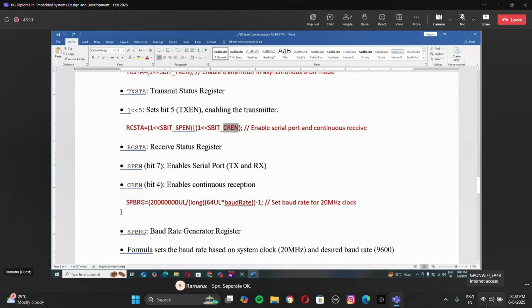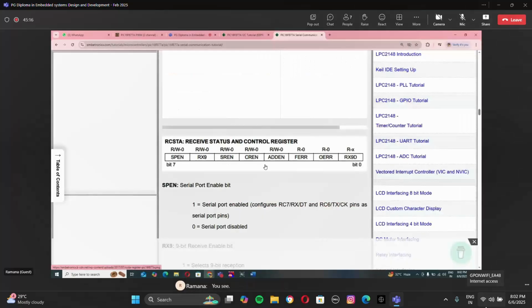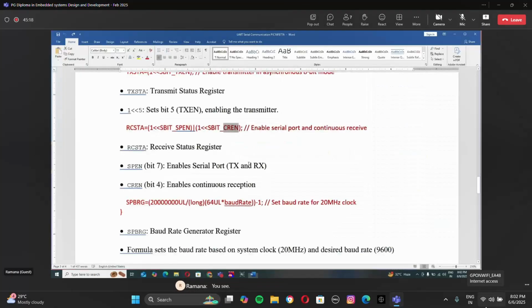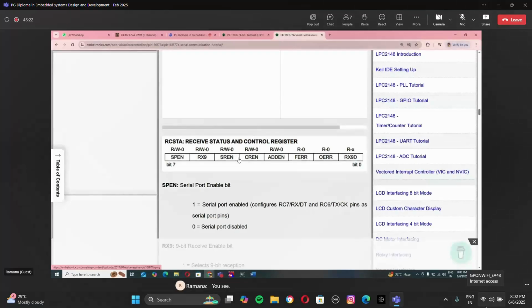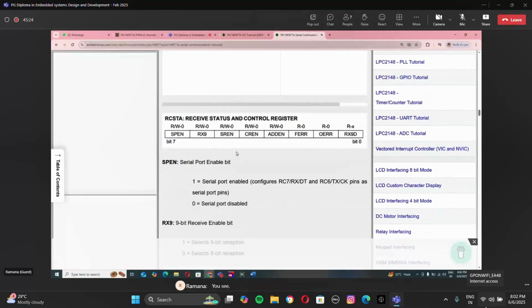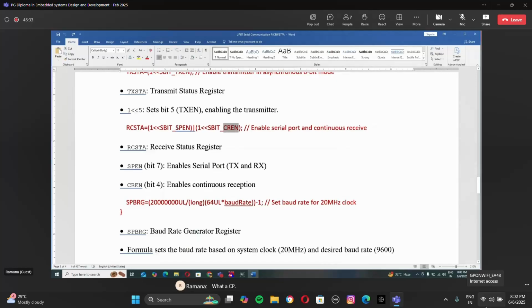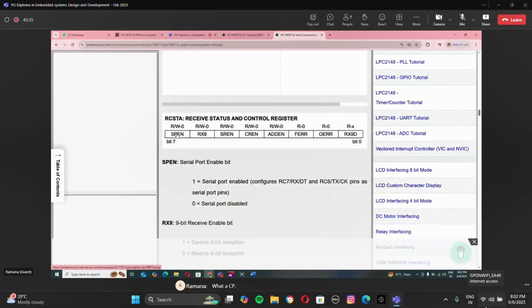Let's see what SPEN is. Here, SPEN is the last bit, the seventh bit: the serial port enable bit.